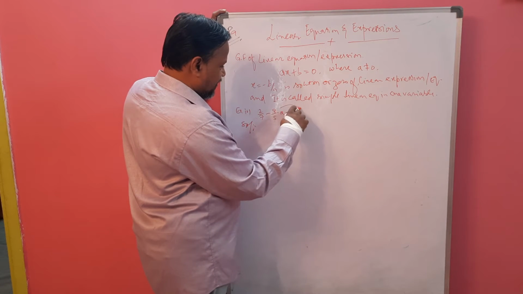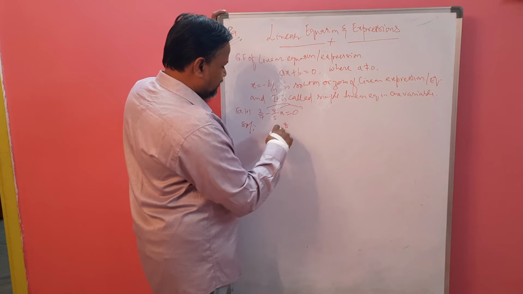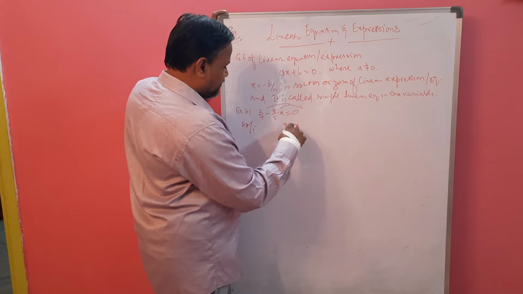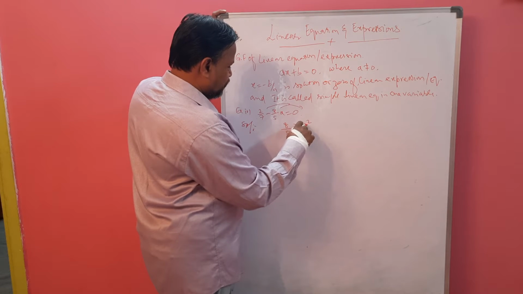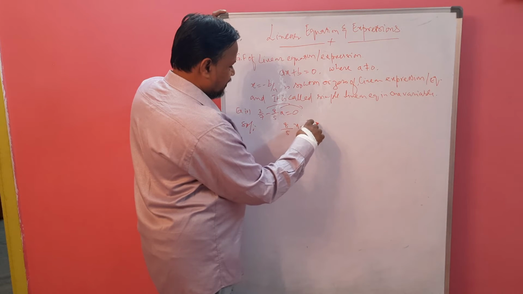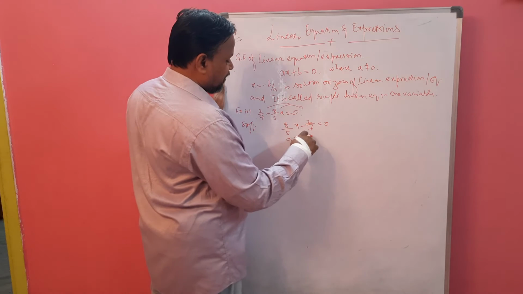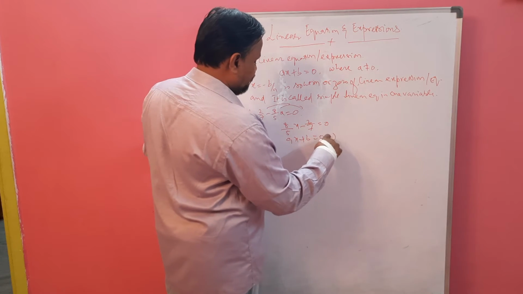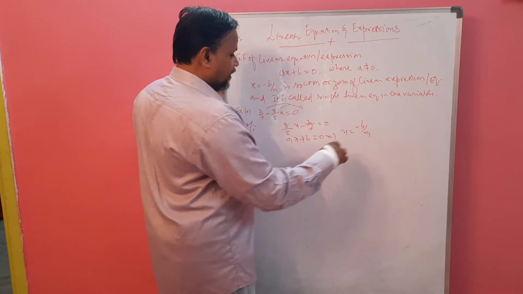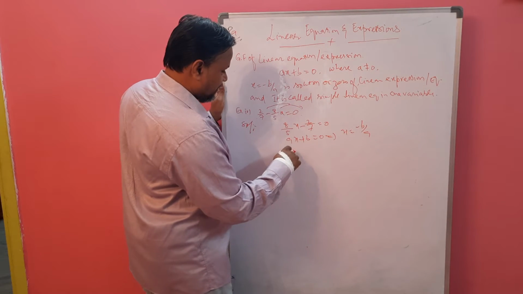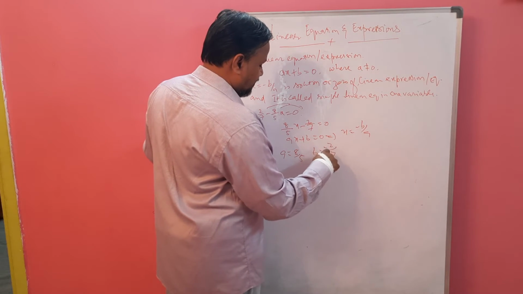Then minus goes to that side, plus 8 by 5x, and plus goes to that side, so minus 2 by 7 equal to 0. Now it is in the form ax plus b equal to 0. For this, the solution is x equal to minus b by a. So a is 8 by 5. b is minus 2 by 7.